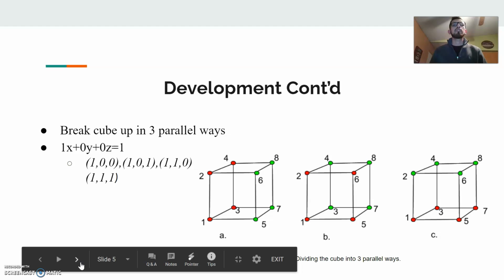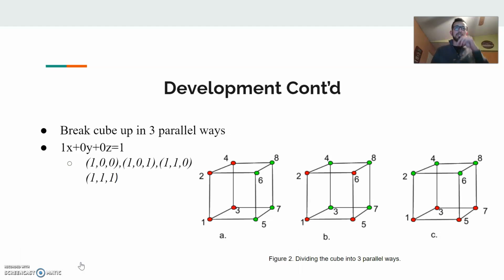Next step, we're going to break up the cube in 3 parallel ways, vertically, horizontally, and right down the middle, as we see in figure 2. This gives us 3 games. We can also use the equation 1x plus 0y plus 0z equals 1, giving us the outcome 1, 0, 0, 1, 0, 1, 1, 1, 0, and 1, 1, 1, which are precisely the red points on figure 2a.